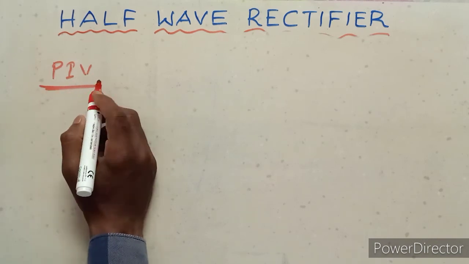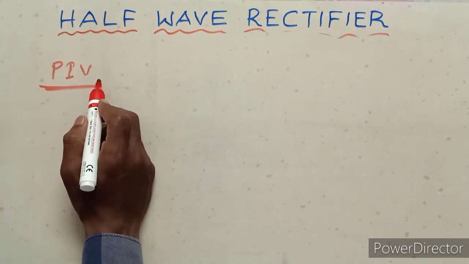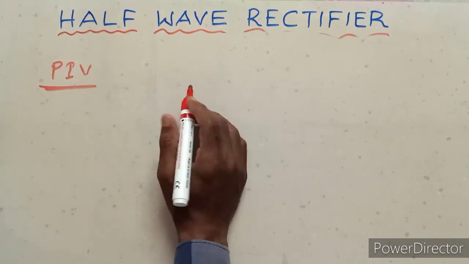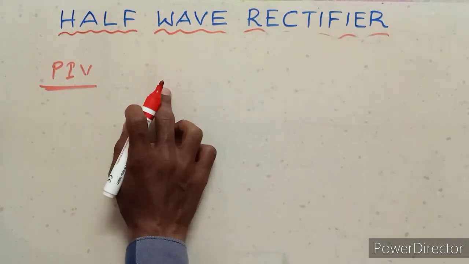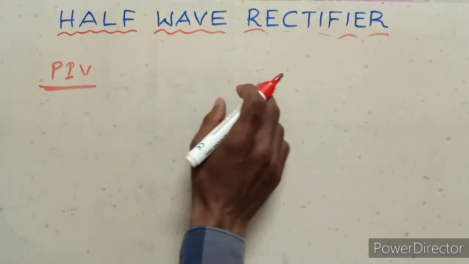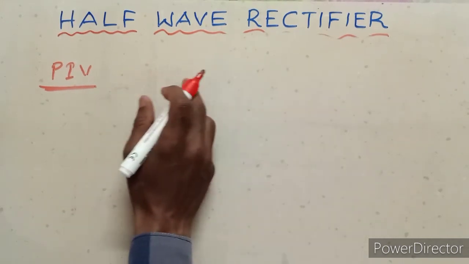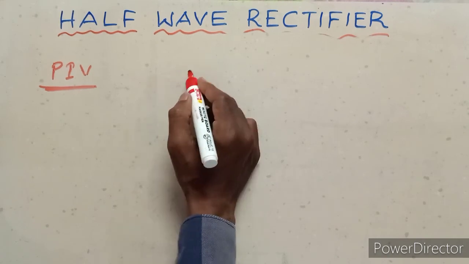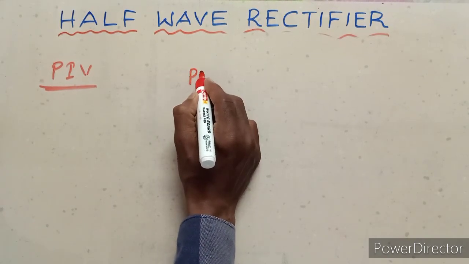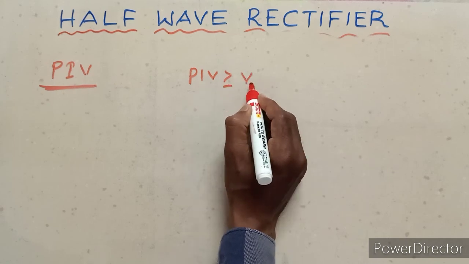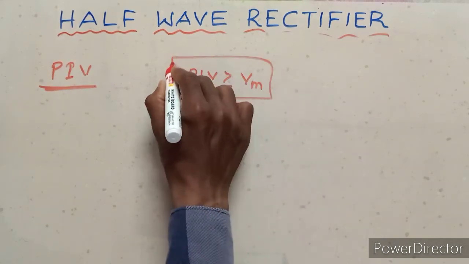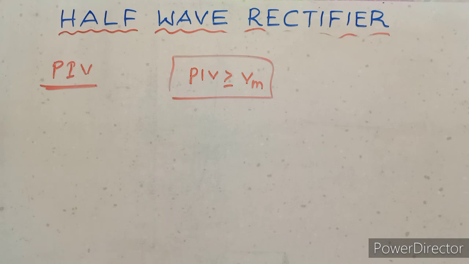The peak inverse voltage rating of a diode determines its maximum permissible reverse bias without breakdown. The diode in a half wave rectifier must be capable of standing a peak reverse voltage. So the peak inverse voltage is greater than or equal to the maximum voltage. This is the peak inverse voltage.